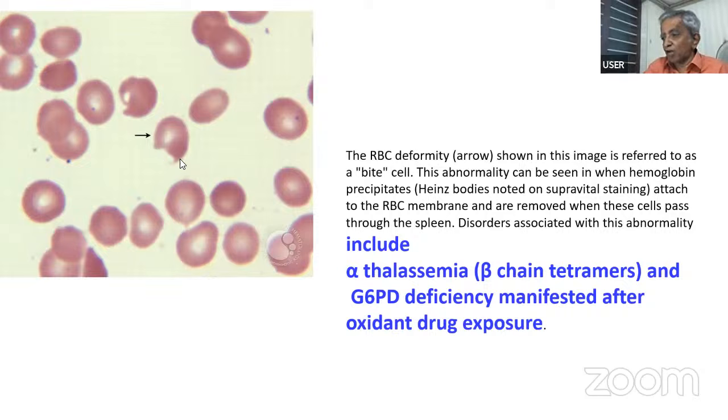One is alpha thalassemia, which contains beta chain tetramers. The other is G6PD deficiency. If you find an RBC where one portion is bitten off, which you call bite cells, your diagnosis is either G6PD deficiency or alpha thalassemia.